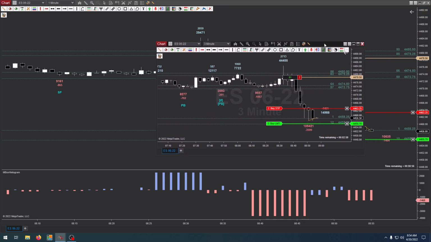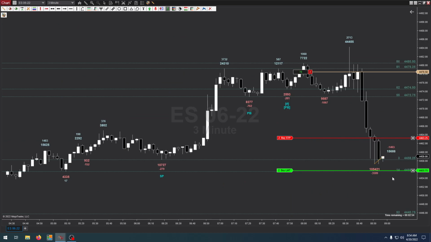I'll bring it back over to the 3, which is what I took the trade on. This level here is holding, which is where my original target was. Negative volume delta here. Low here is holding. We do need to confirm a swing high now.